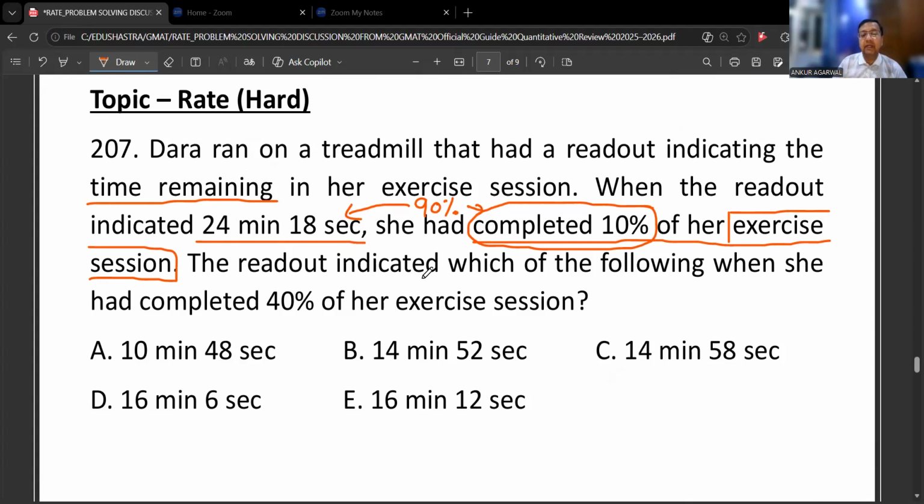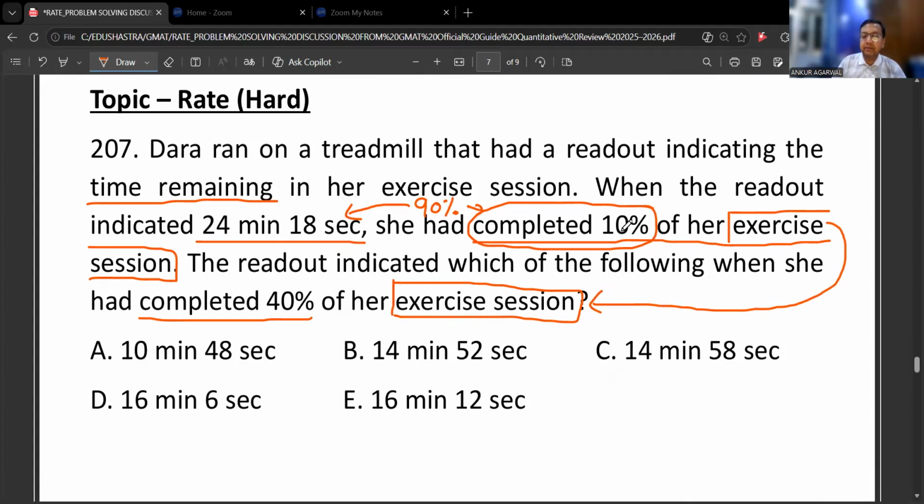The readout indicates which of the following when she has completed 40%. Okay, now she is completing 40% of what? Exercise session. Exercise session. Right. So see this. The base is constant here. Earlier also exercise session and now also exercise session.